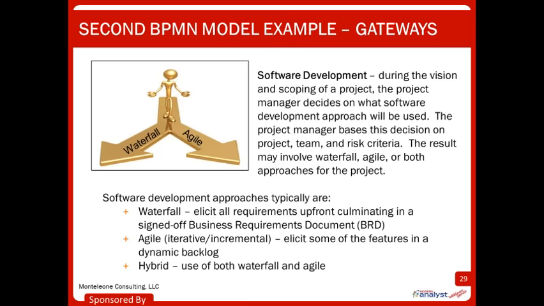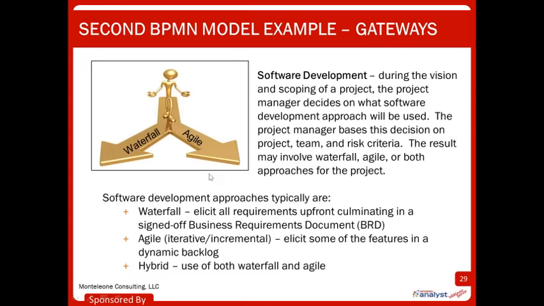Or how about this, and some firms have done this in their formal methodologies already, that we need a combination of both Waterfall and Agile, and maybe they call that hybrid or some other name that they've used for their particular business. The bottom line is here we have to make a decision. How do we make that decision?